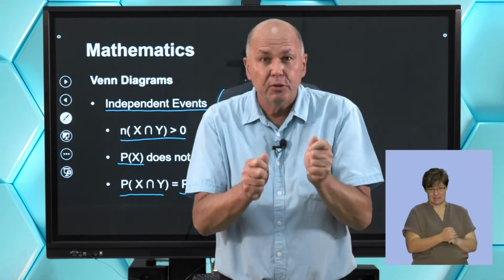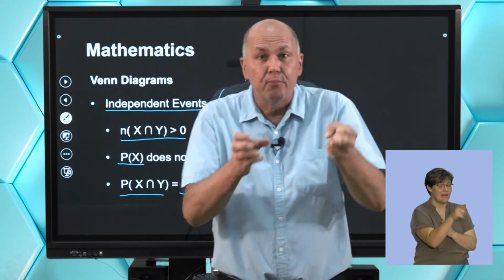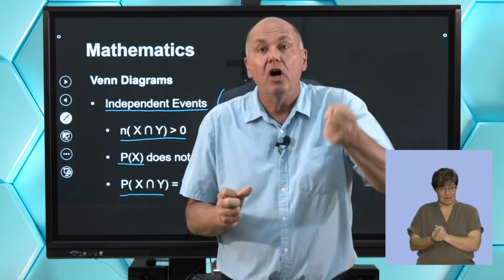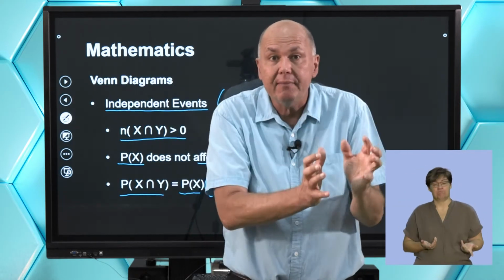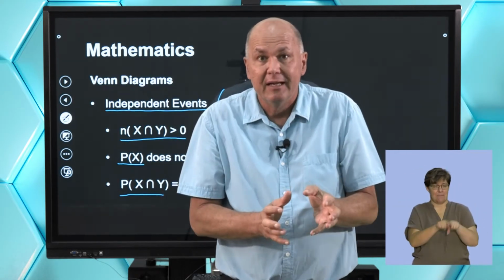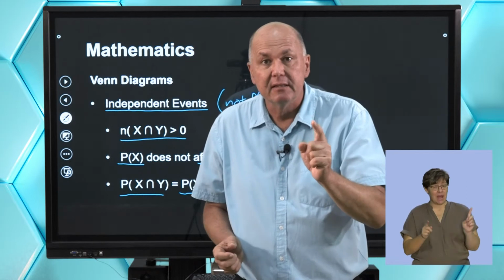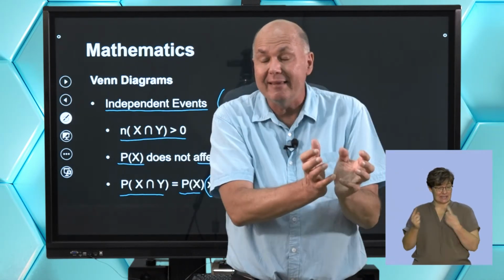It's very important that you understand that the probability of the second event, or the Y event, if you like, is not going to be affected by the X. They would be the same sort of calculation. There's no influence of the one on the other. But if there are dependent events, choosing one thing can affect the second one.